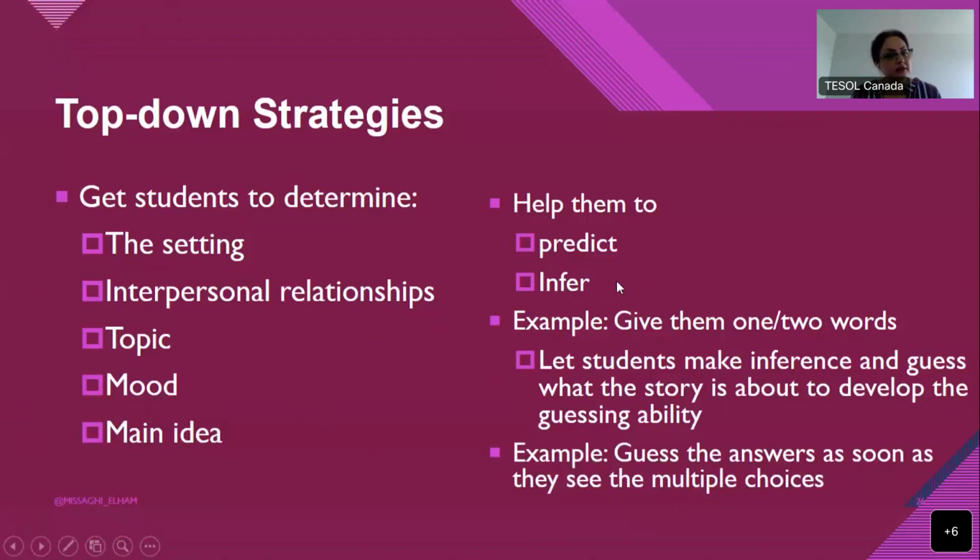You can even help them to predict what happened or give ideas about the topic, and guess how the story ends or guess the answers. They're all around their comprehension.